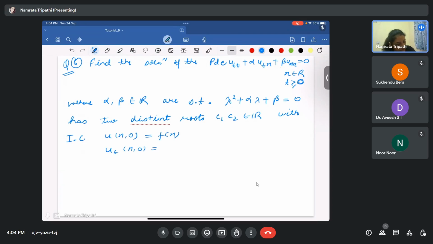So in this question, we have to find the solution for the PDE. The given conditions are similar to the previous one, and the PDE is also similar to the previous question.